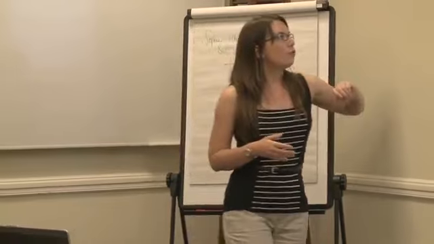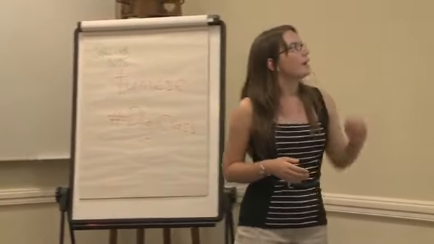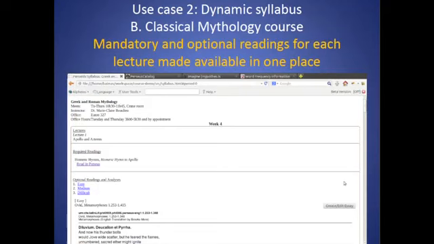So it is week 4, and for this week I have assigned a required reading in the Homeric hymn to Apollo. Students will go to my page, click on the link, read it in Perseids, and their assignment is done. That's very convenient, of course, because you don't have to order 10 texts for the class.